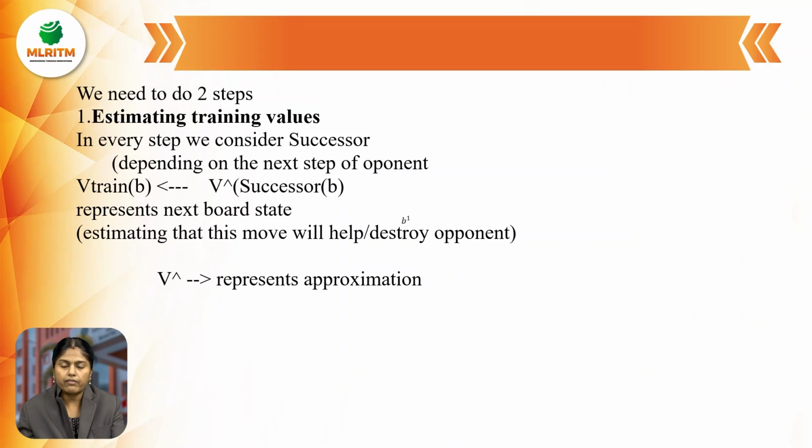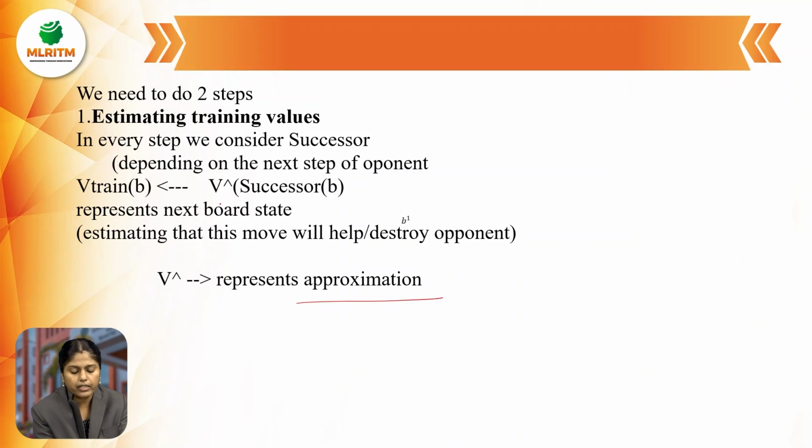Each and every training board we consider through its successor only, then we can go to the next step. Here V hat represents the approximation. We are choosing an approximation value for the target function. First we justify the approximate function, then we will get the exact value.